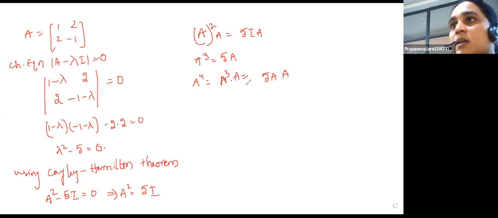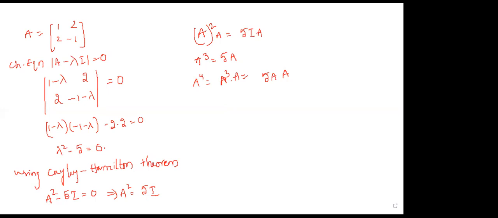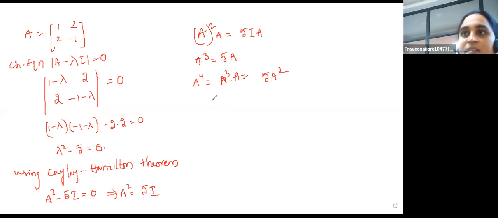A cube is 5A. What about A power 4? A cube is equal to 5A, so this is 5A square. Wait. Is A square correct? Check it.